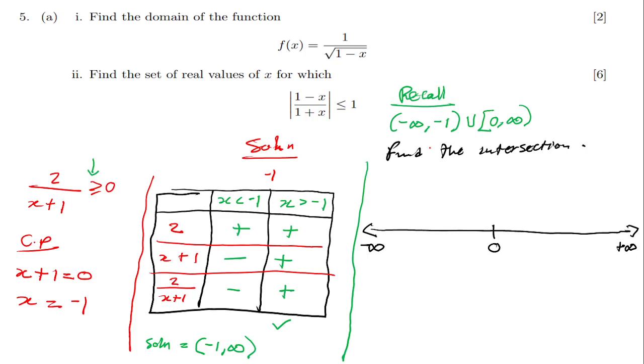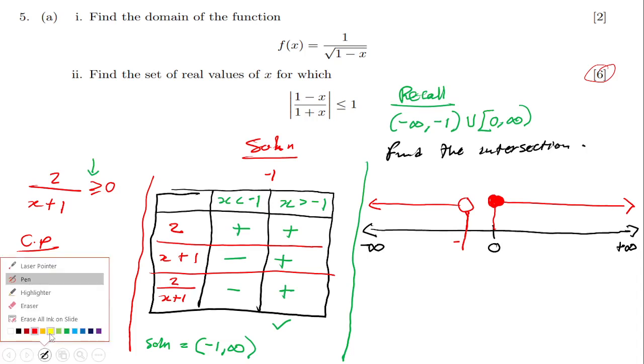Then 0 is closed, it is blocked like that, and being blocked, it is going to this other side. That's why it is 6 marks. It is having a procedure. All these things I'm doing are the method marks, and everyone is supposed to reach them. So from there you also sketch the other one.